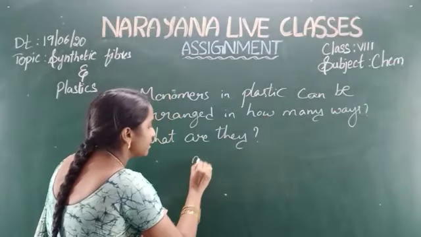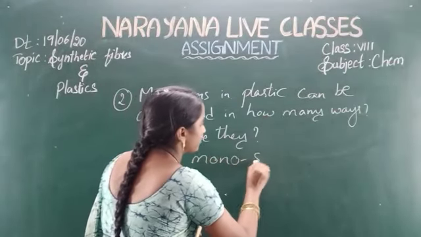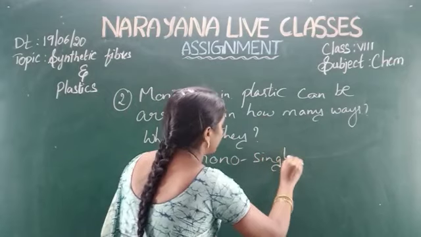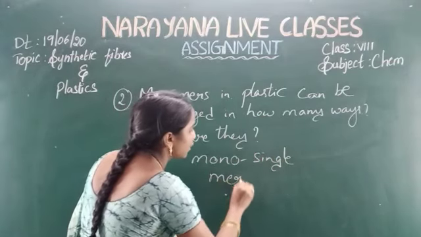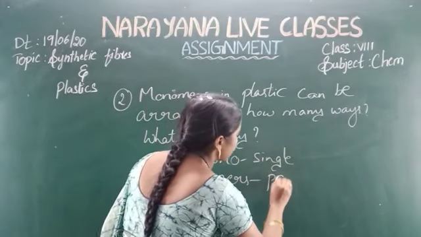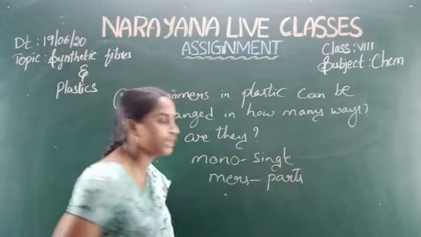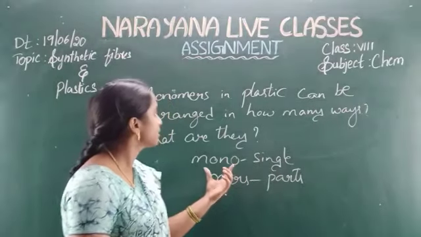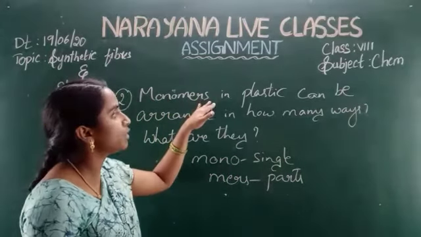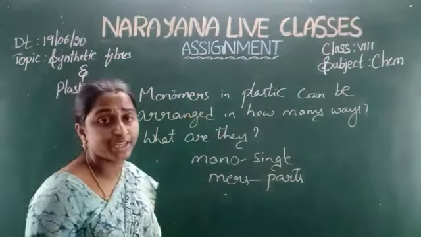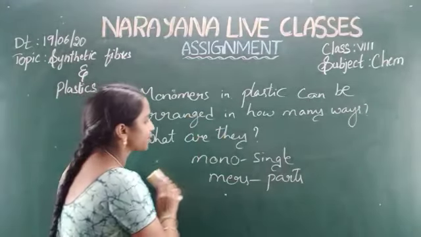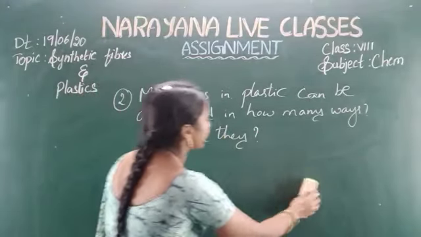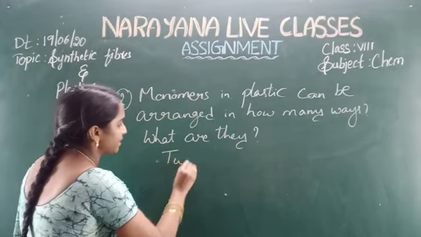Mono means single or one. Mers means parts or units. So mers means molecules also we can say. So here the question is: monomers in plastic can be arranged in how many ways? Here actually monomers in plastic can be arranged in two ways.